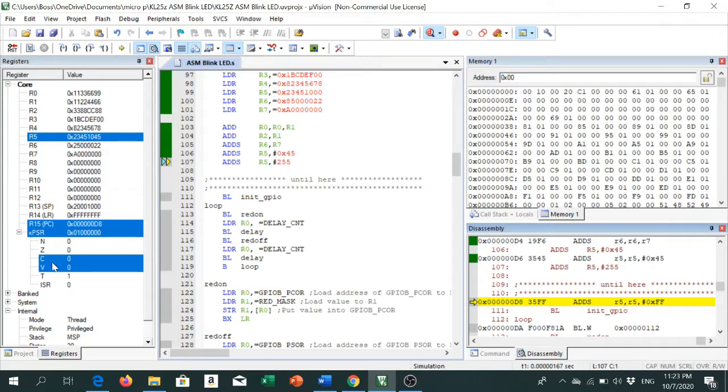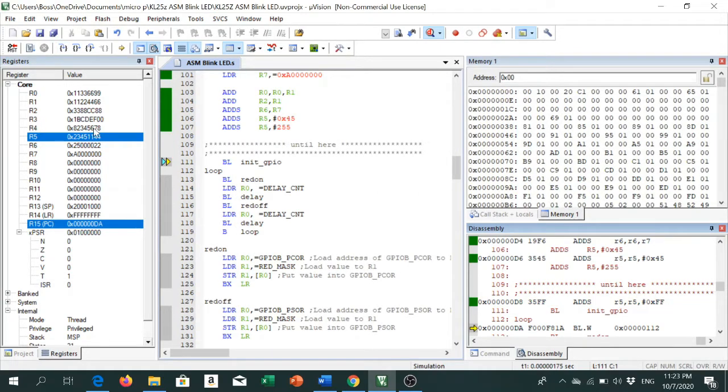Carry will become 0 and overflow will become 0. And the last example is R5 plus decimal value 255, and the R5 value will be changed here.